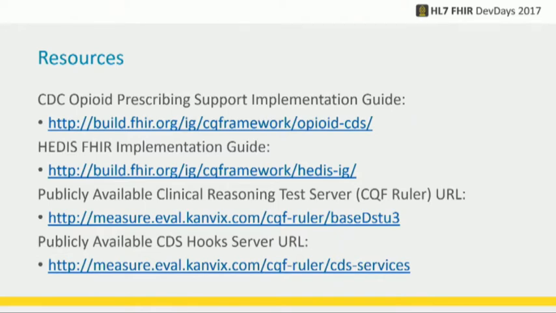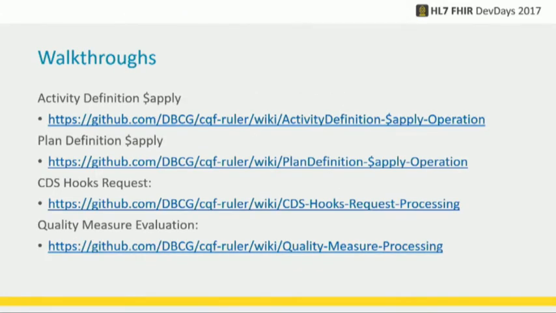And there's a publicly available CDS Hooks server there too for testing. Also on the site, there are some walkthroughs. For the quality measure processing walkthrough, there's an evaluation there that walks you through setting that up and actually getting an evaluation using these tools.